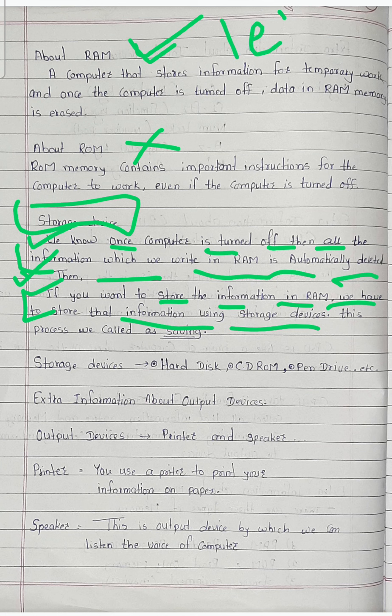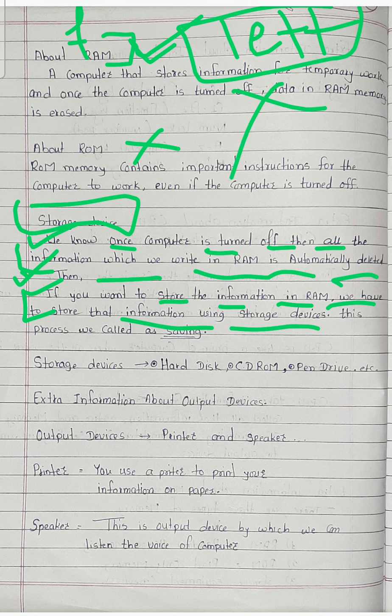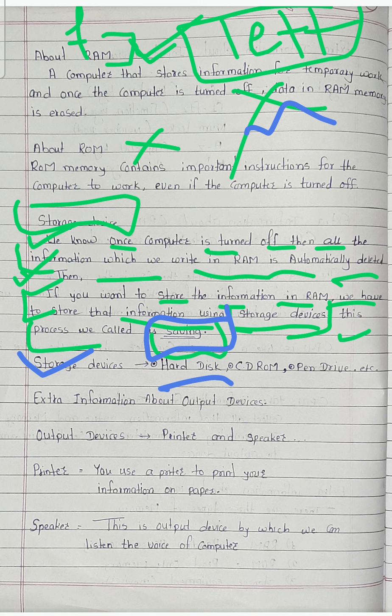If you are writing a letter and have not completed it, and you have to send that letter to your friend, but the light is turned off, then your written letter is erased. So how can you store it? You have to use the storage devices. You have to save this file, and this process is nothing but saving. Which are the storage devices? Hard disk, CD-ROM, pen drive. You can save your information in a hard disk.